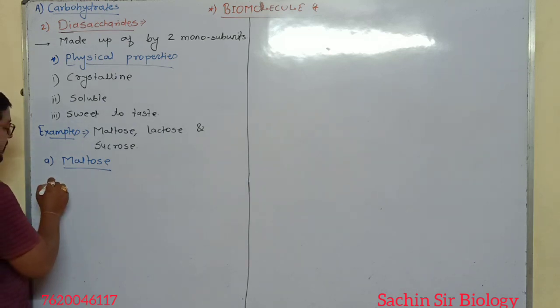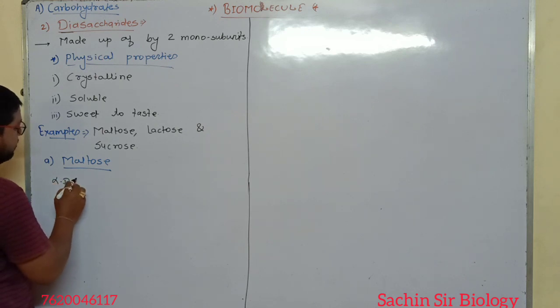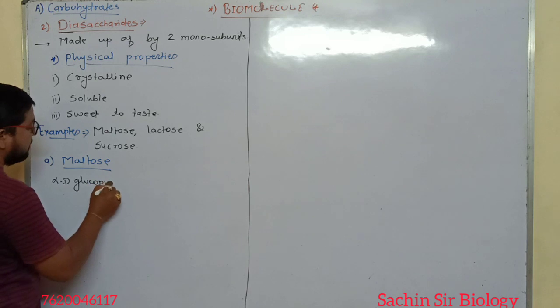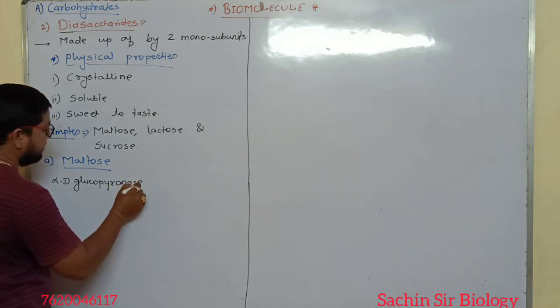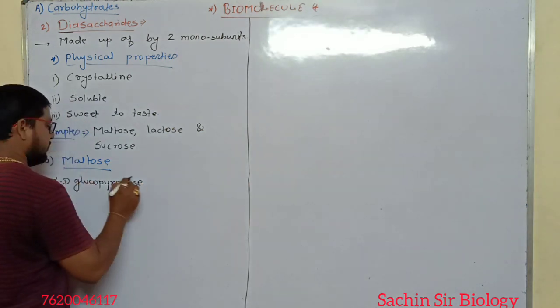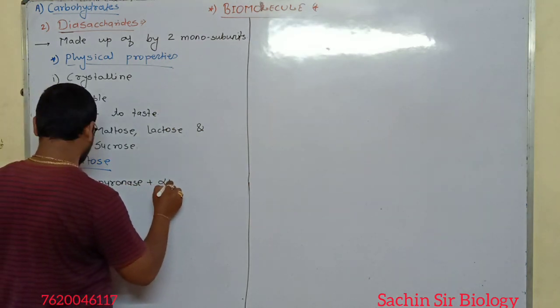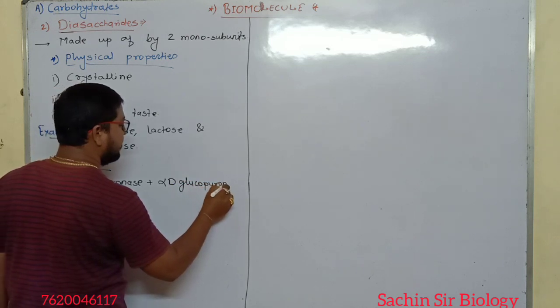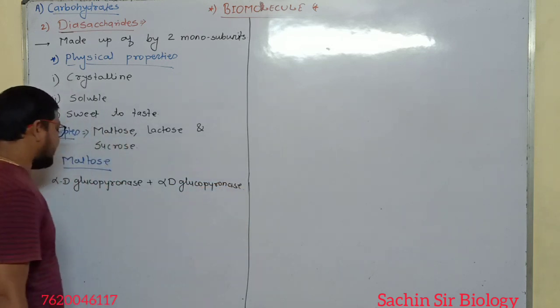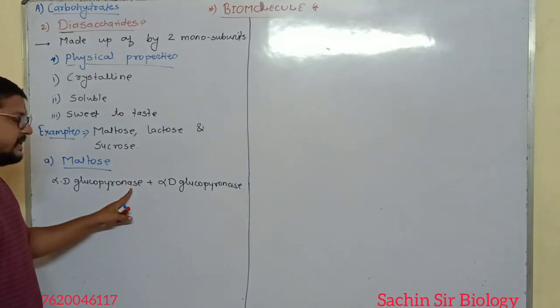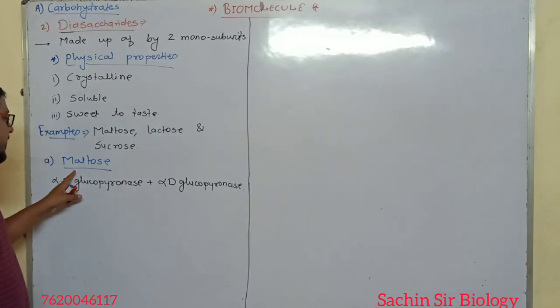They are alpha D glucopyranose, 2 moles of alpha D glucopyranose, meaning two moles of alpha D glucopyranose together form maltose.